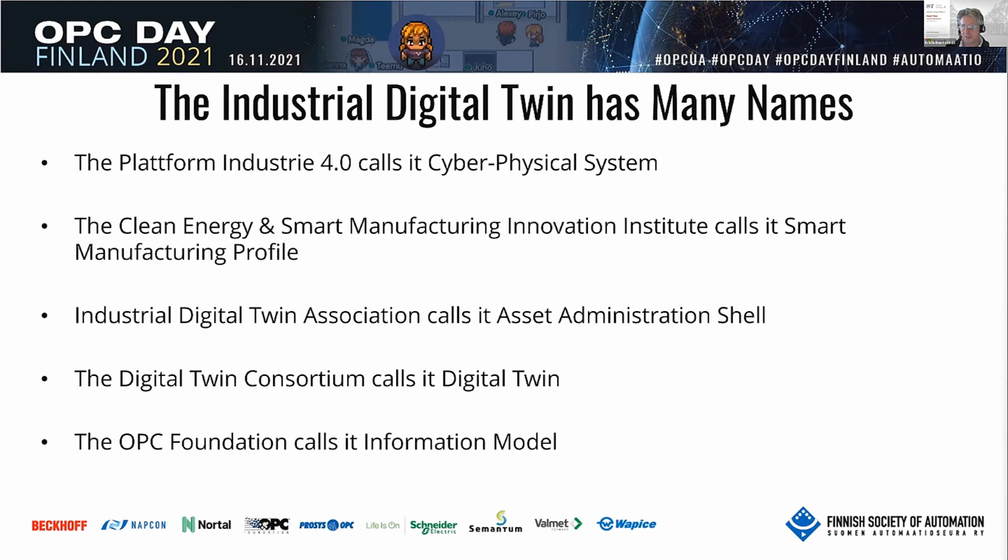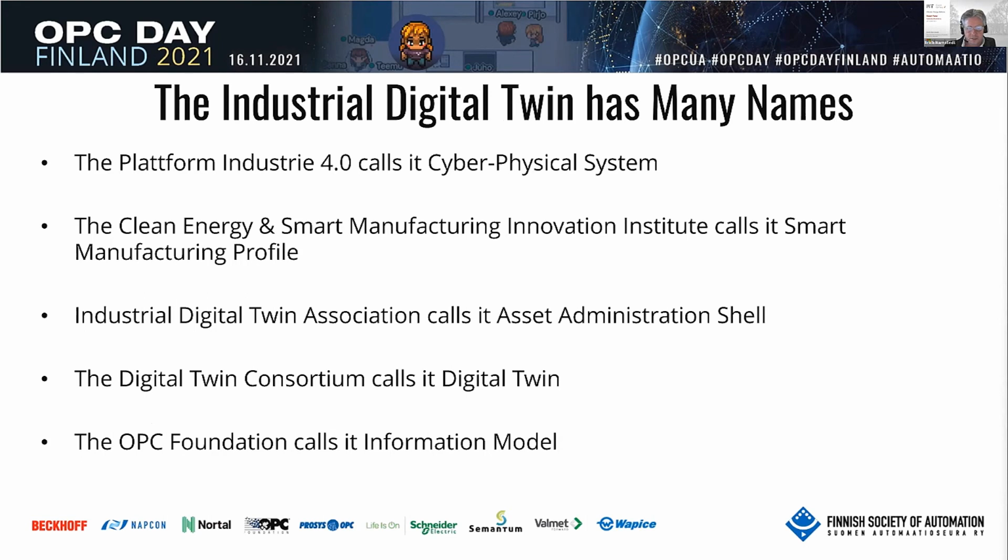So moving on, the main part of the industrial digital twin is that it has many names, right? So the Platform Industrie 4.0 calls it cyber physical system. Our friends in the US call it smart manufacturing profile.